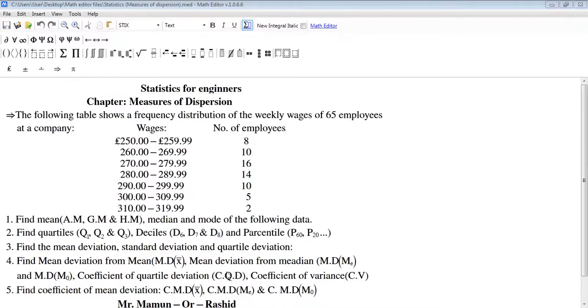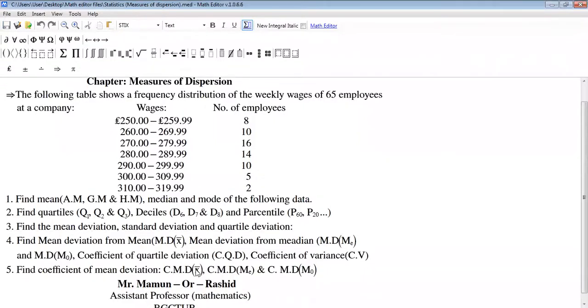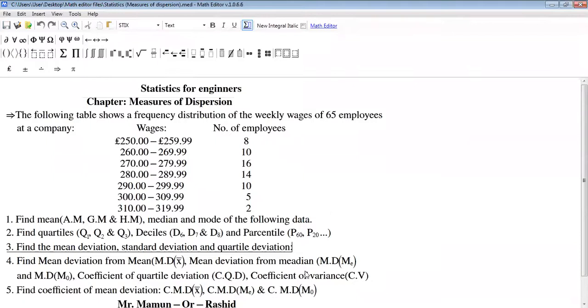This is CQD, the coefficient of quartile deviation, coefficient of variance, and at last the coefficient of mean deviation: coefficient of mean deviation about mean, about median, and about mode. So from this example, we will solve these types of problems in the chapter measures of dispersion.